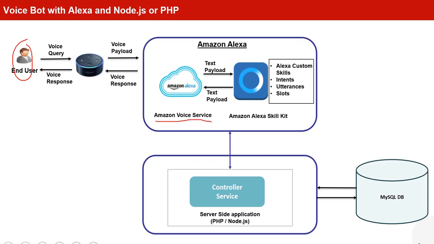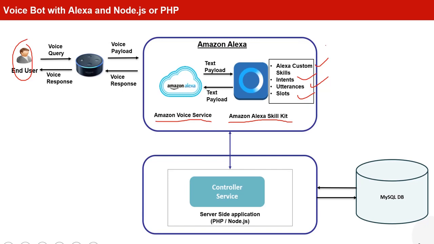The Amazon voice service will take the voice and translate it into text. So it will be a text payload, and this will be the input to the Amazon Alexa Skills Kit, called ASK. In this Alexa Skills Kit, we have to design the custom skills, the intents, the utterances, and the slots, which we already discussed in our previous slide.